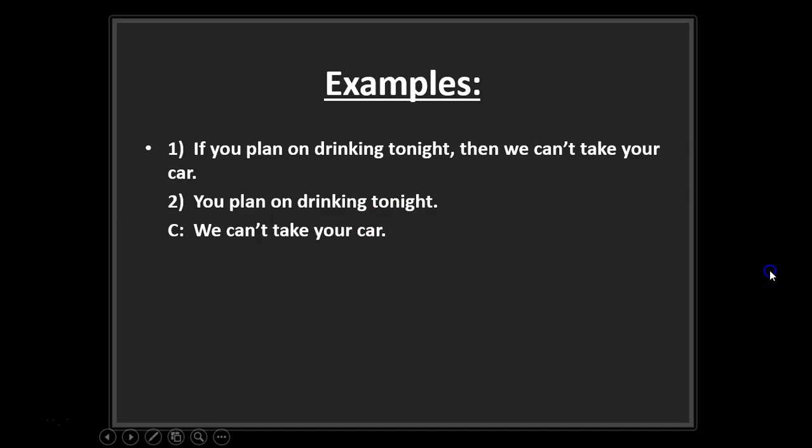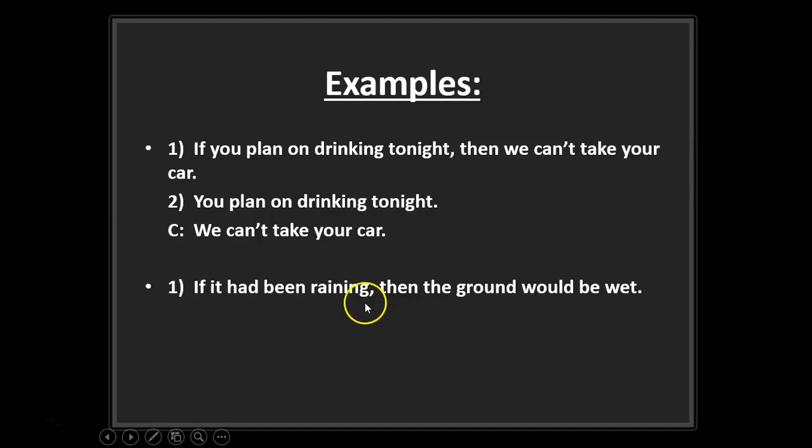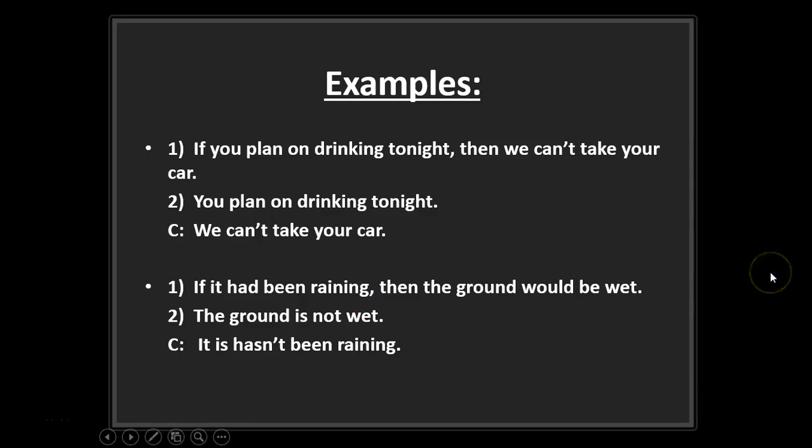Hypothetical syllogism. And another, if it had been raining, then the ground would be wet. Well, notice the ground's not wet, so we can deduce that it hasn't been raining. Again, if antecedent, then consequent, not consequent, therefore not antecedent, right?